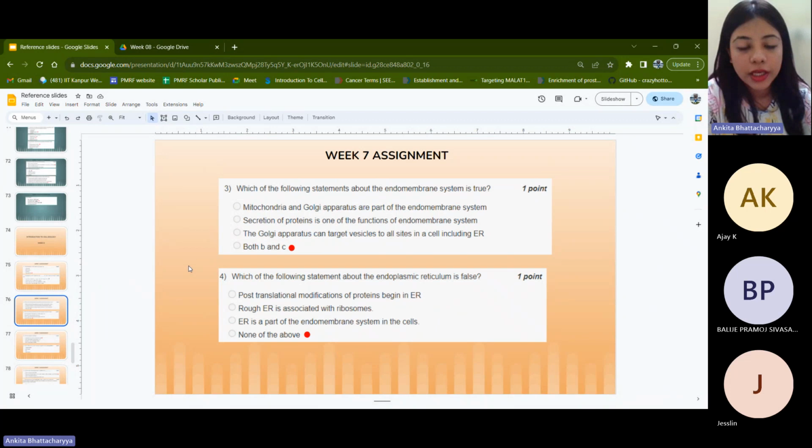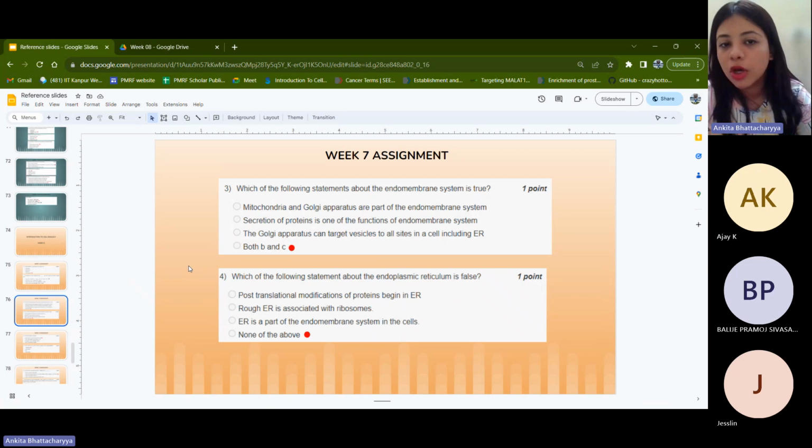Then in the next question, we are asked which of the following statements about the endomembrane system is true. The options are: A, the mitochondria and the Golgi apparatus are part of the endomembrane system. No, mitochondria is not a part of it.